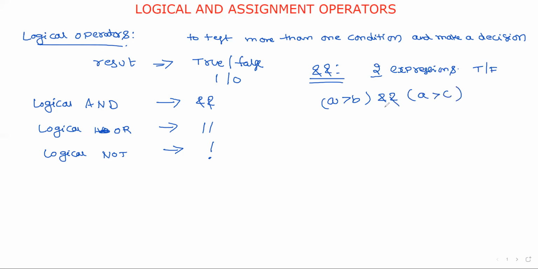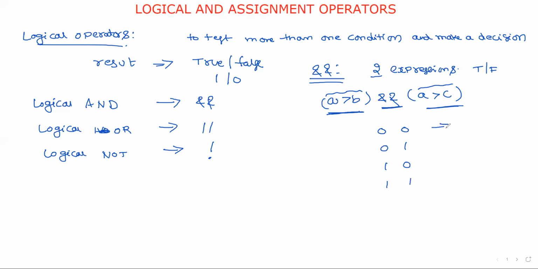This is the meaning. See this one? This is the logical AND applied between this expression and this expression. Actually, this expression has a relational operator, and this expression has one more relational operator. And you know the meaning of the AND operation. 0 0, 0 1, 1 0, 1 1.